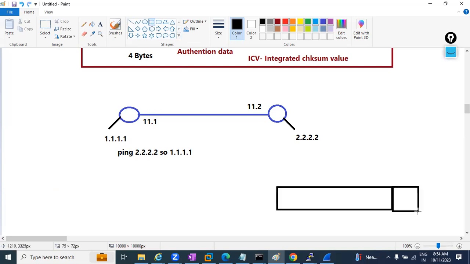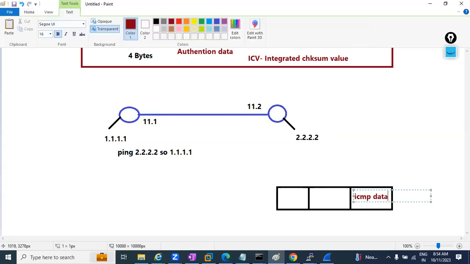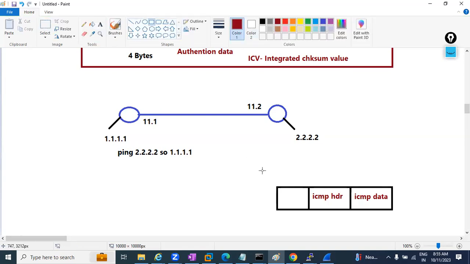This is ICMP data, then we have the ICMP header, and then we have the source IP and destination IP.